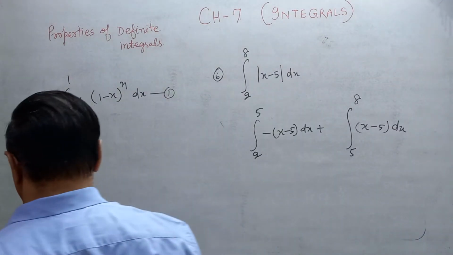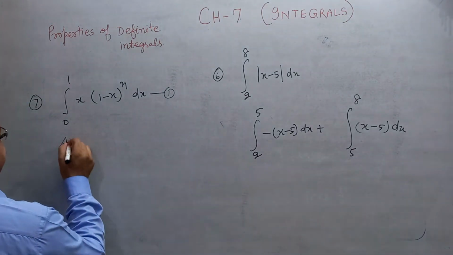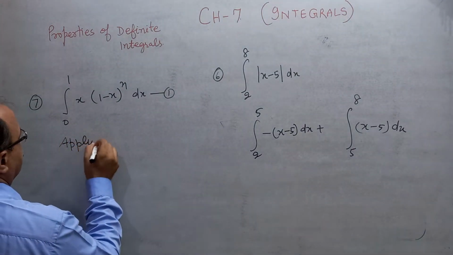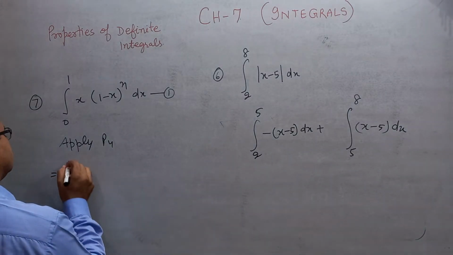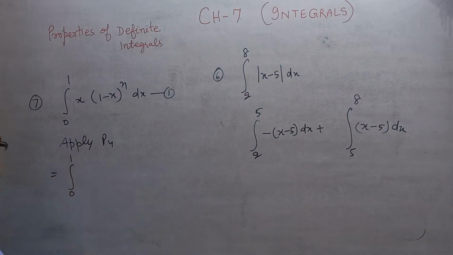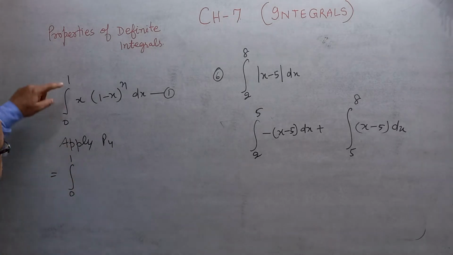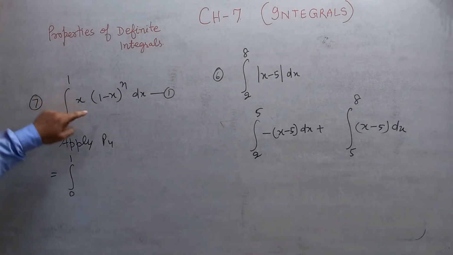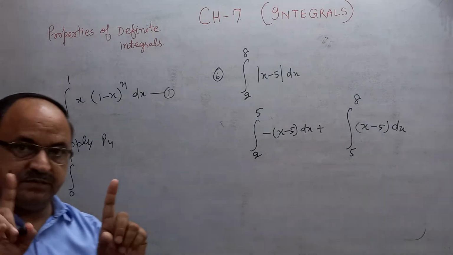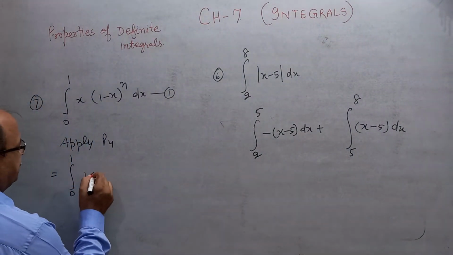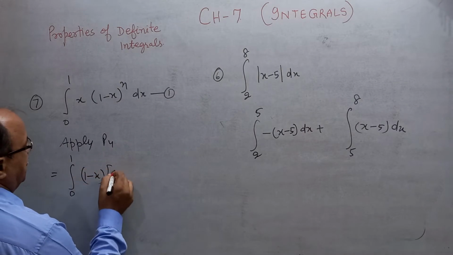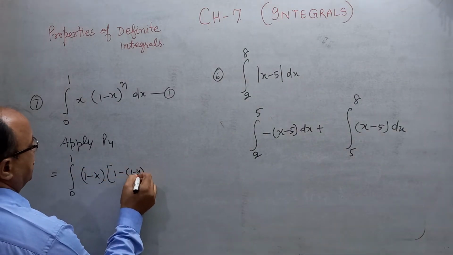Apply property P4. Here a is 1, it means 1 minus x. Replace x by 1 minus x. You can write 1 minus x here and 1 minus x.